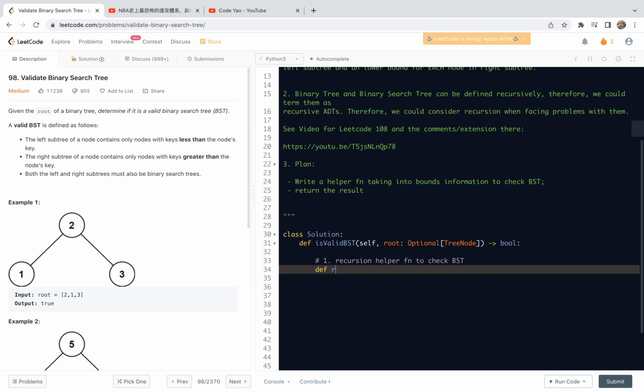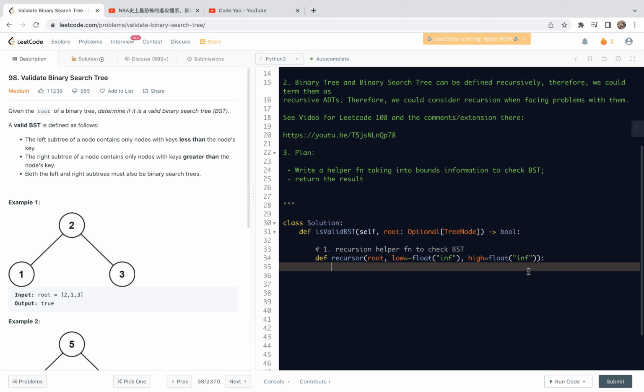I'm going to write a recursor, which is a checker for a binary search tree. It accepts a root, and also accepts two bounds, call them low and high. The low is negative float infinity, very small, and high is float positive infinity. This is the function signature, right?